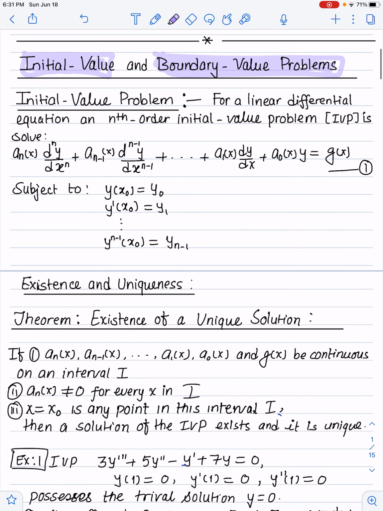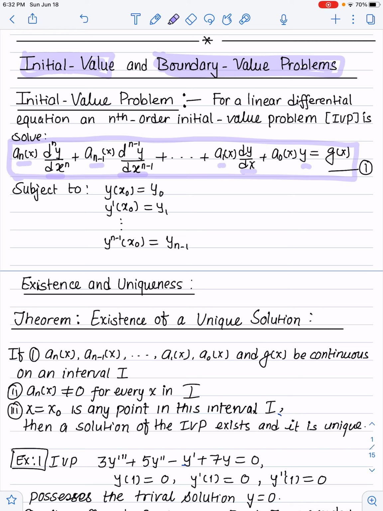For a linear differential equation, an nth order initial value problem is of this form. It is linear because you can see y prime, the n minus 1th derivative, and the nth derivative of y all have degree 1, and the coefficients are functions of x.